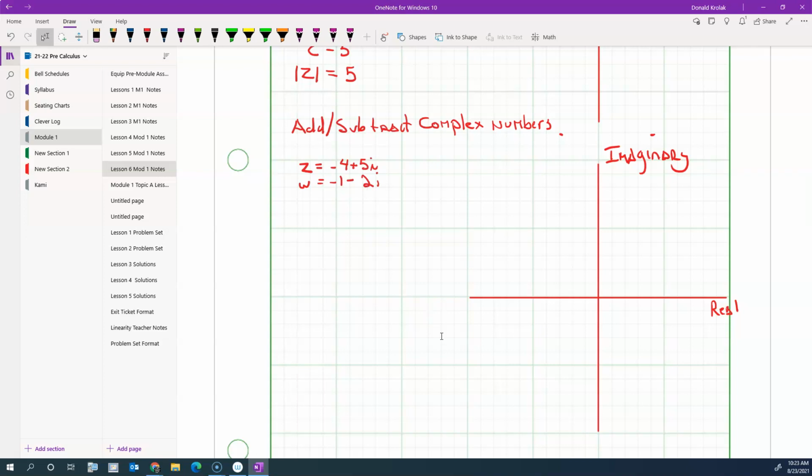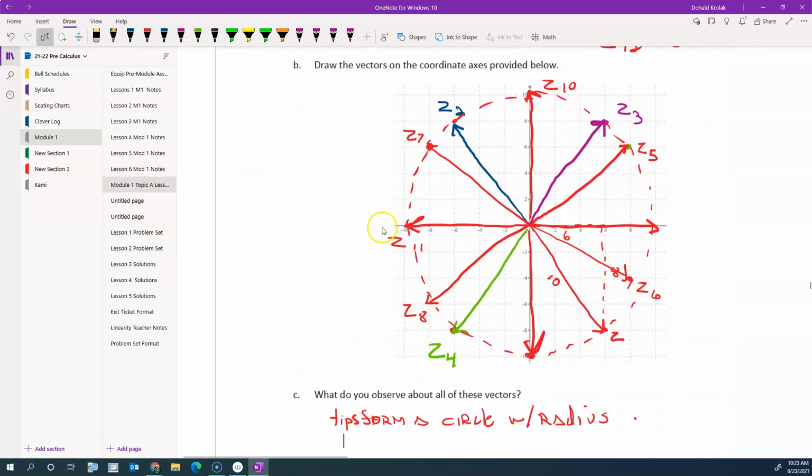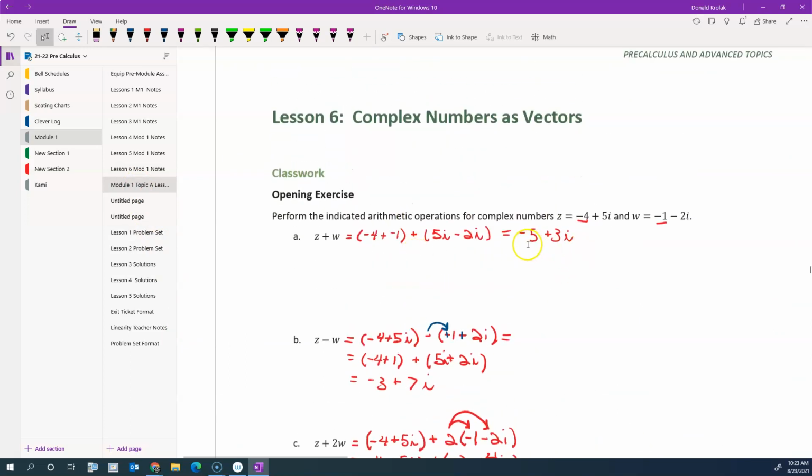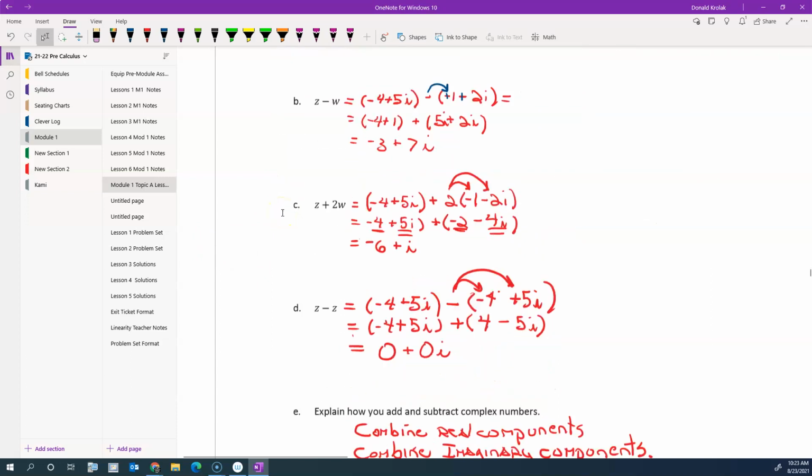If we did it arithmetically, z plus w, we already know what it is. Z plus w was -5 plus 3i. Now we're going to do the exact same thing geometrically.